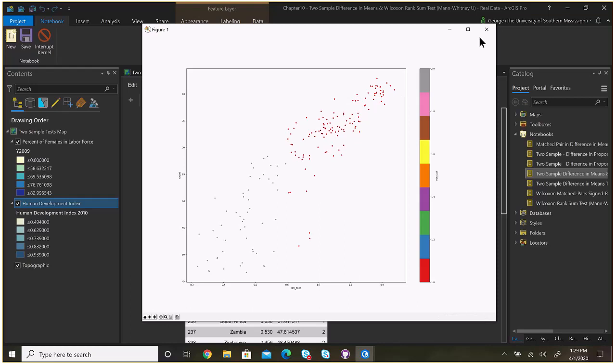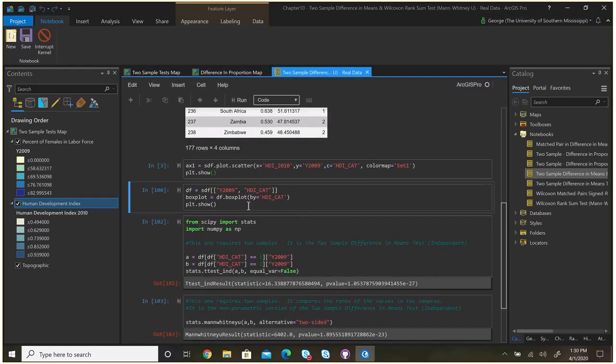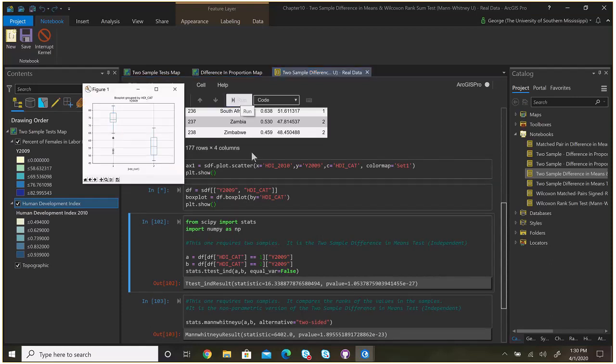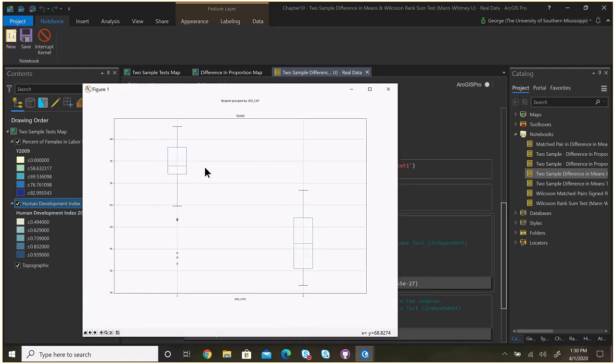Now the other thing I can do is take all of those data and show it in a box plot. So here it is in a box plot. Here are all of the high development index countries, and here are all the low development index countries.